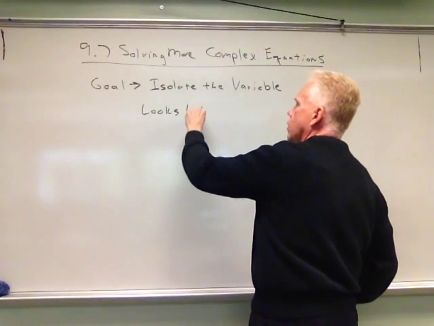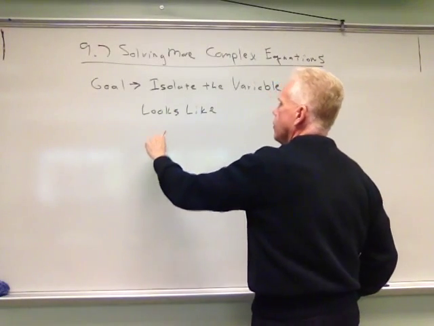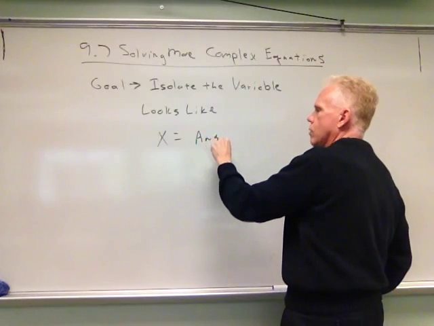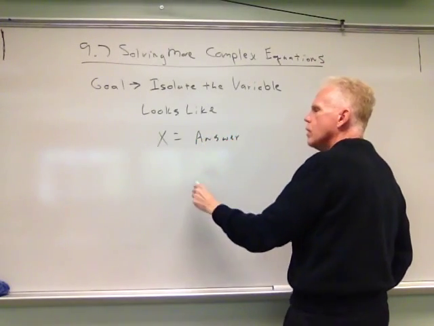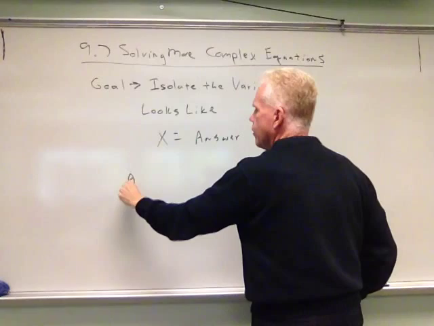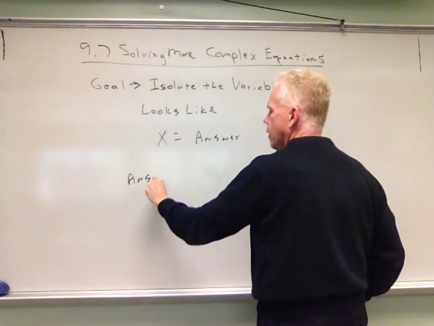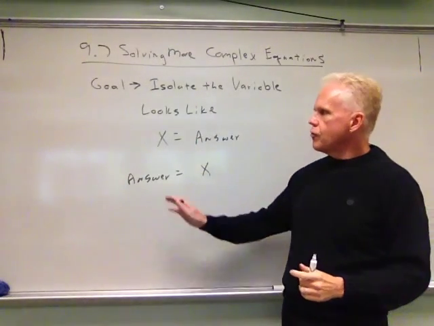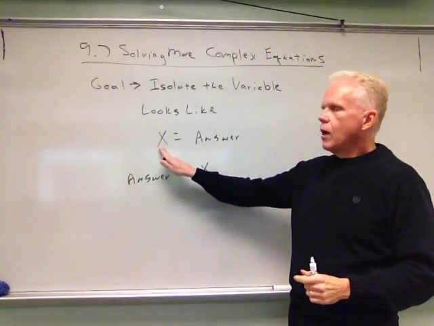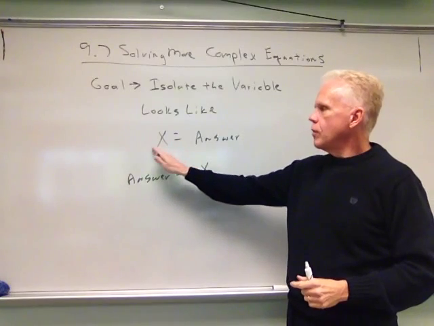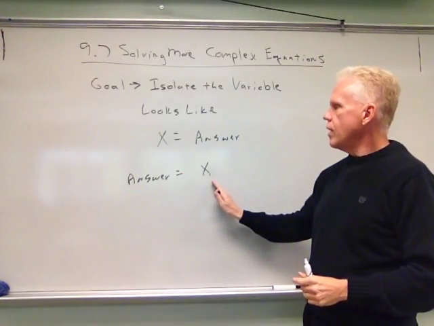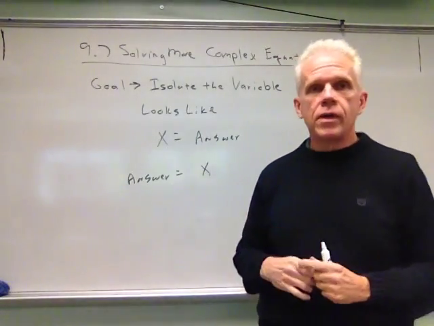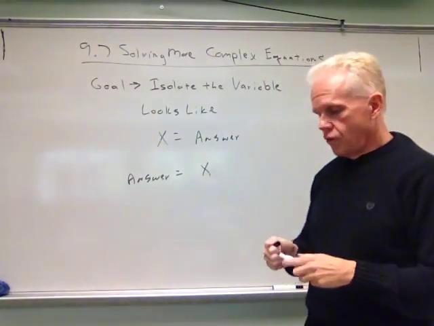In the end, that looks like either x equals an answer, or you could flip sides and have the answer on the left side equal x. So we're trying to get that x by itself on one side of the equal, left or right, and what you have on the other side, assuming it's simplified all the way down, is your answer or your solution to the equation.